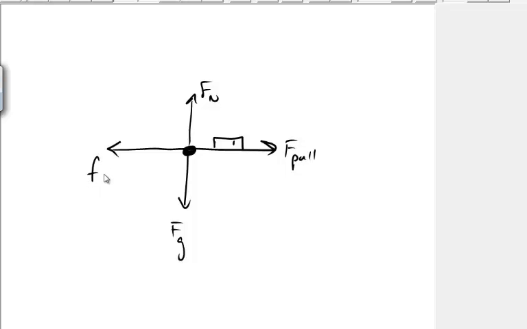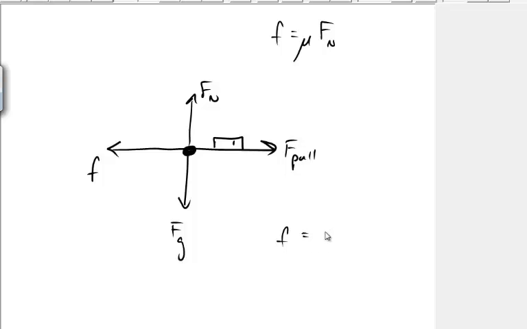So what this brings us to is our friction equation. Friction is equal to mu, the coefficient of friction, times the normal force. Now, it is impossible to directly measure the normal force, and it's really hard to measure friction. But because of the third law, what can you tell me about friction and the pulling force?